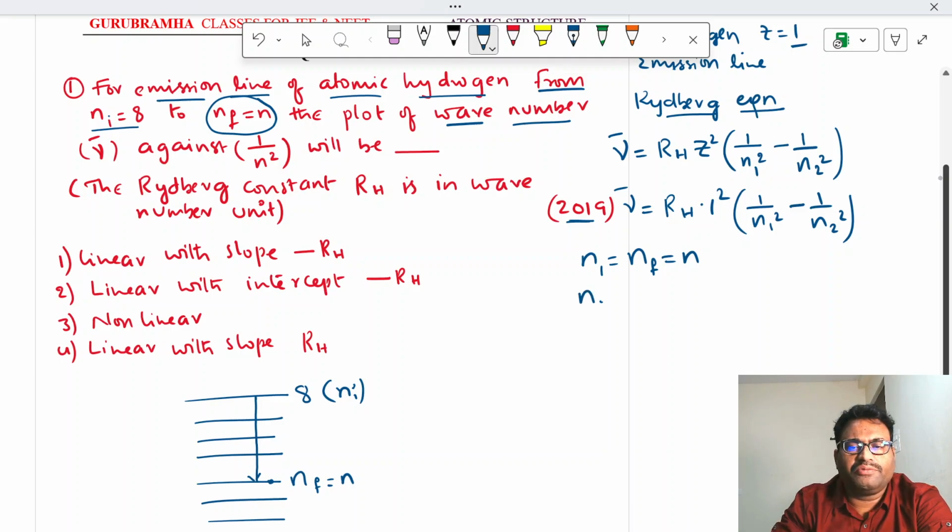And what is n2? n2 is the higher energy level from which it is returning, or coming. n2 is equal to the 8th energy level. So substitute in that equation, then what do you get?